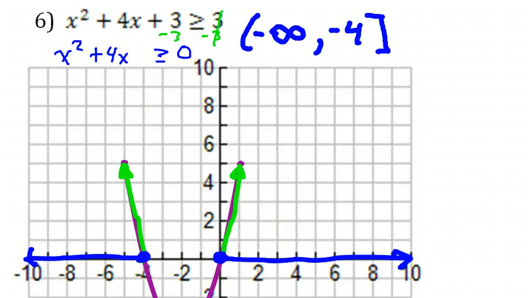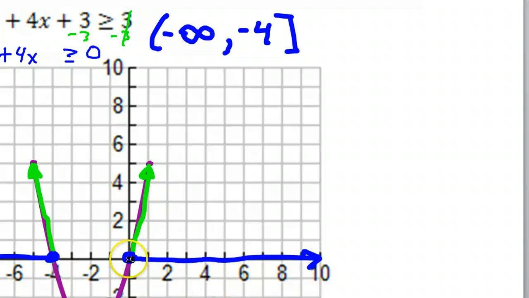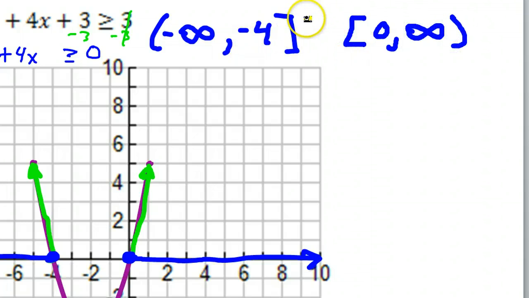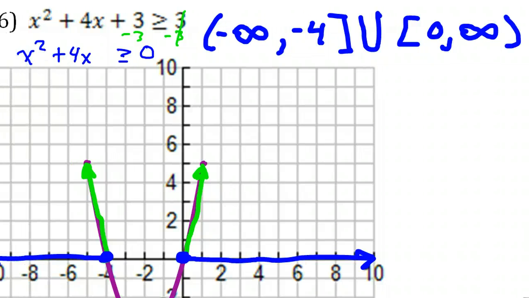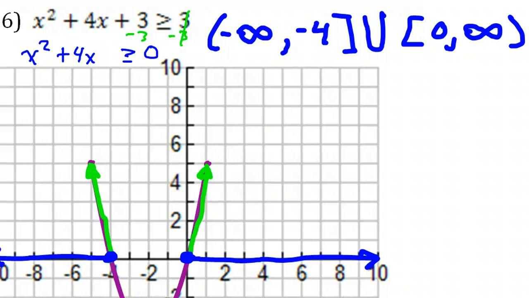And then the other part starts at 0 and goes to infinity. And then we'll always use a union symbol when your solution set occurs in two different parts. That shows that this is all part of one solution set. And that's it. That's the answer for number 6.